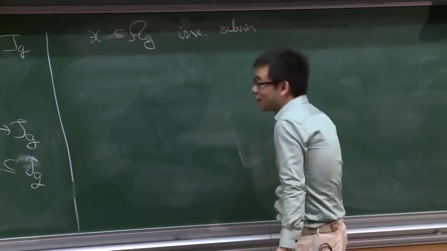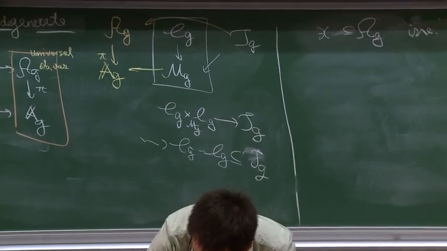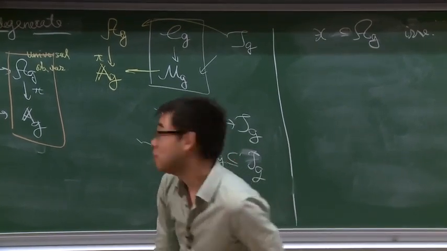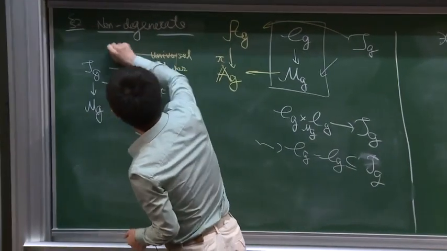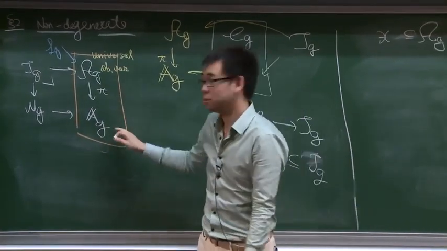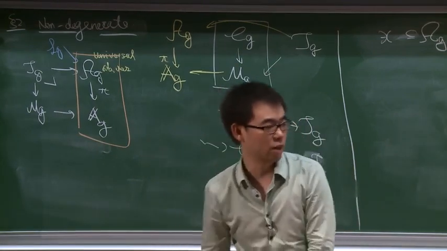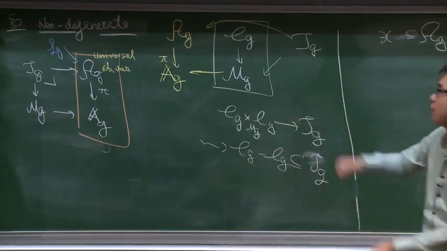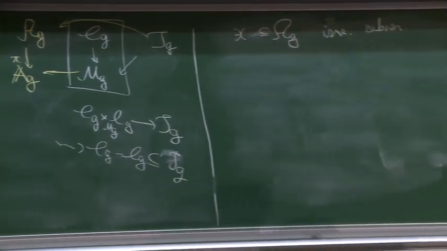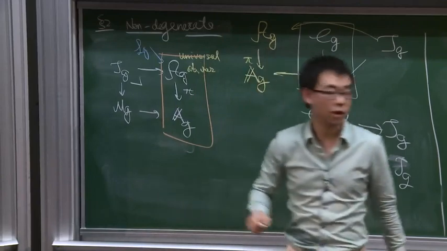And furthermore, we actually have another object in this picture, that is the tautological line bundle. It exists just because the moduli space parameterizes not only abelian varieties, but each abelian variety is equipped with a principal polarization. So this is a tautological line bundle on the universal abelian variety.